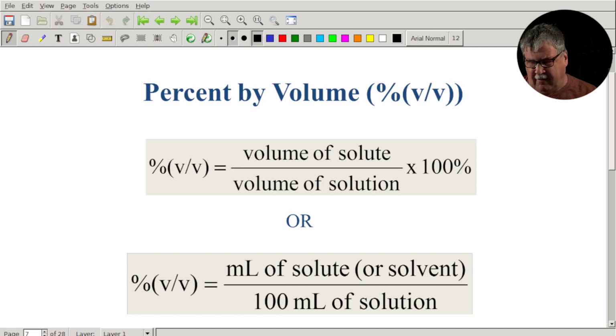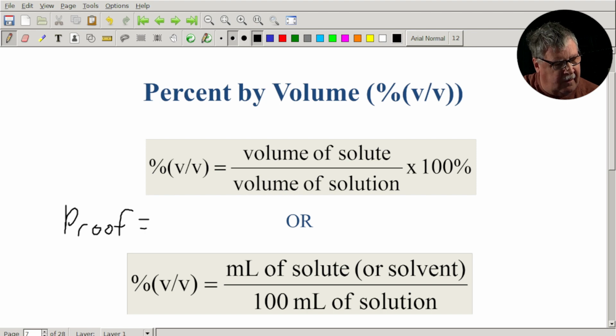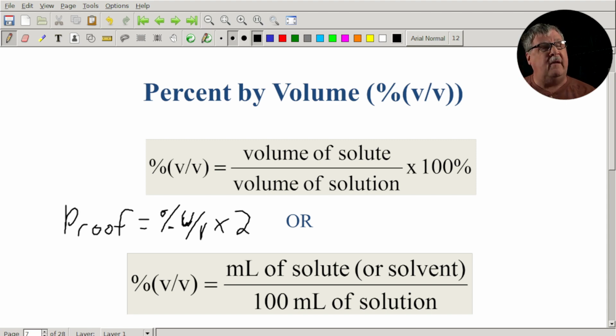All right. Now, the interesting thing is in the US, if you market something as a distilled spirit, then you have to print on the label the proof. And the proof is percent volume by volume times 2. Again, that's an old tradition.